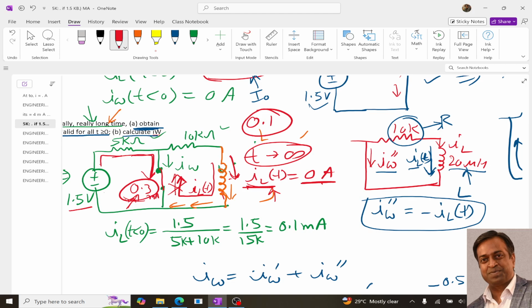At t equals 0 it will be 0.2, but with time this current is going to increase, because this IL current is going to decay and become 0 as t tends to infinity. So IW current is going to grow exponentially from 0.2 to 0.3.